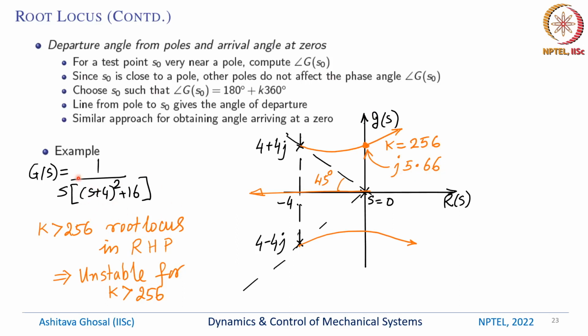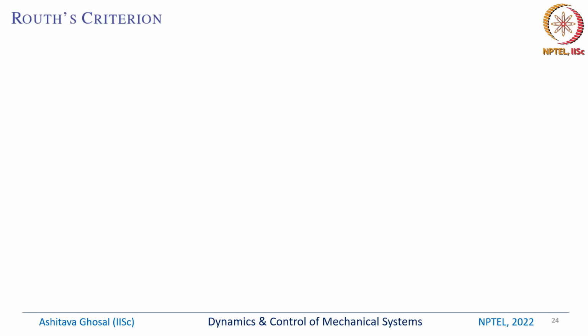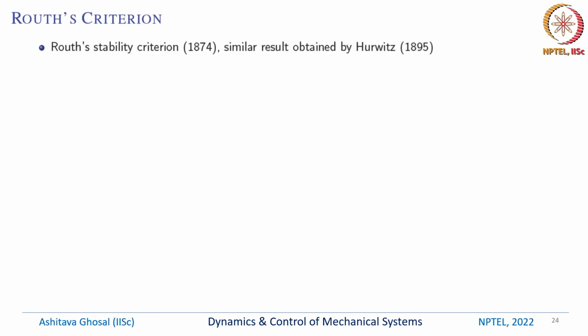We can substitute k of 256 and solve the closed loop equation 1 plus kg equal to 0, and then we will find that it intersects the imaginary line at j times 5.66. So we wanted to find out, without actually solving for the roots, when it crosses the imaginary axis.